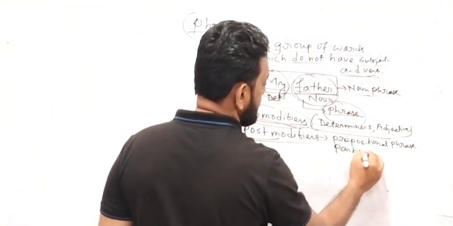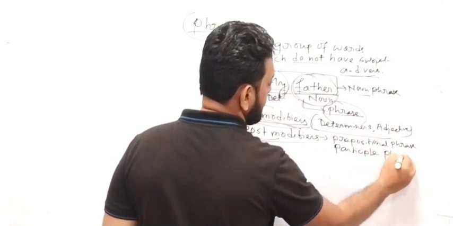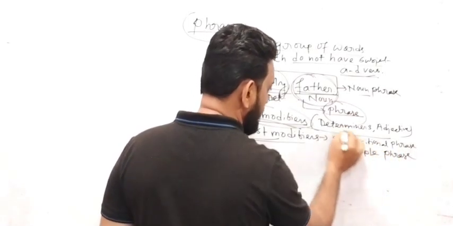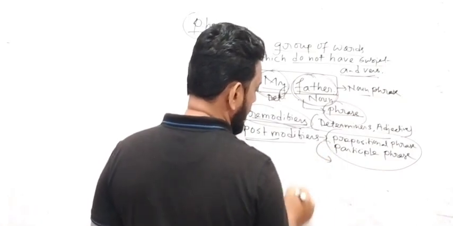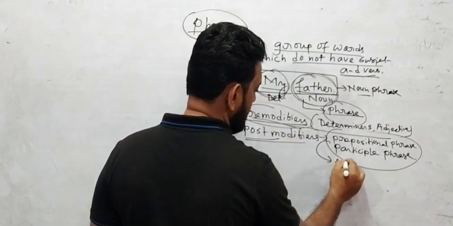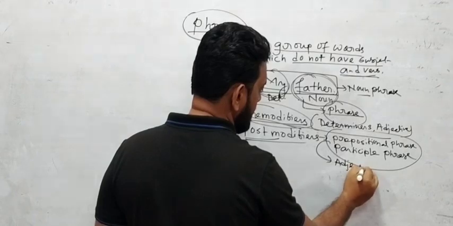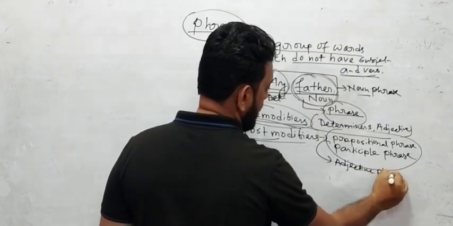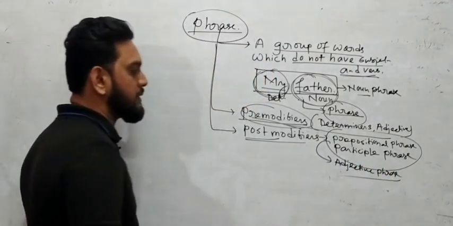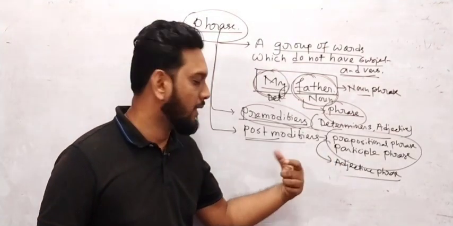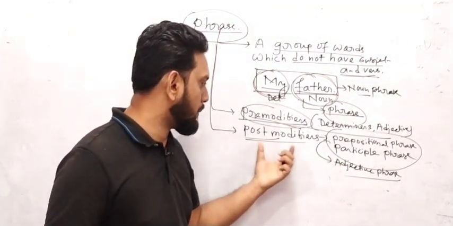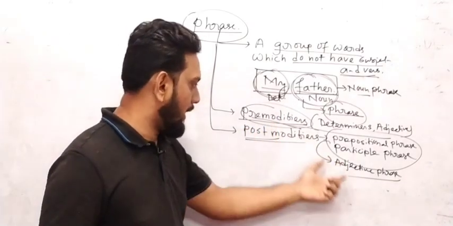Prepositional phrase and participle phrase must be used as an adjective, and they can act as an adjective phrase.